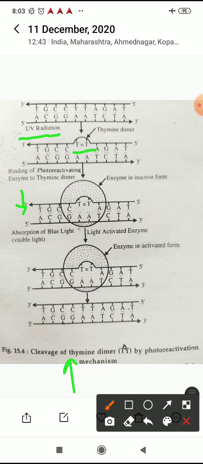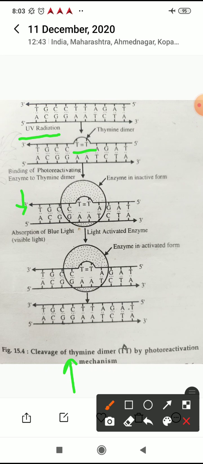In next process, out of visible light, the blue light, the dimers are split into monomer pyrimidine bases, and thus the damaged DNA gets repaired to its normal state. This DNA repair mechanism depends upon exposing the cells to visible light following UV irradiation, and hence it is called as a photoreactivation.